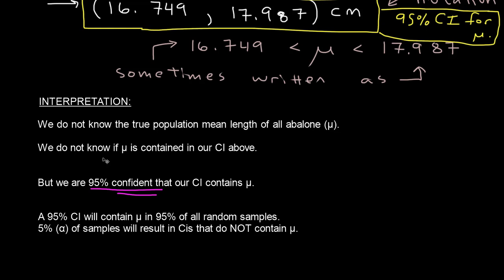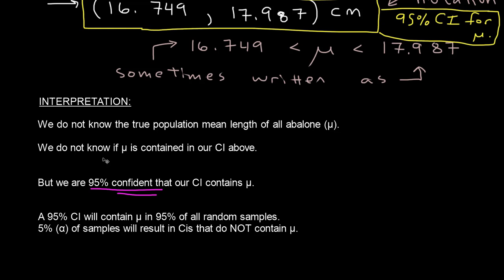This requires remembering the sampling distribution perspective of all of those theoretical samples that exist. We don't go and collect an infinite number of samples, but they do exist.